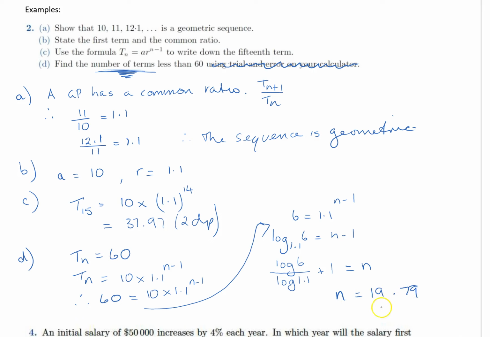This unrealistic term that never really happened was a 60. The 20th term, which would be the next realistic term, would be something bigger than 60. So at 19, we've got terms that are less than 60. The question said, find the number of terms less than 60. So therefore, there are 19 terms less than 60.